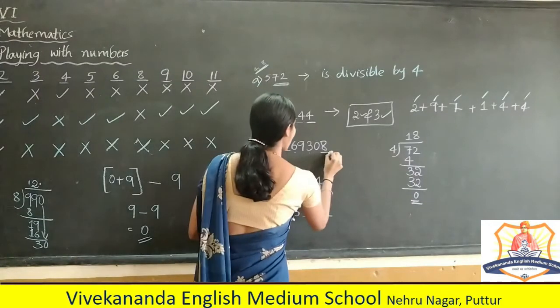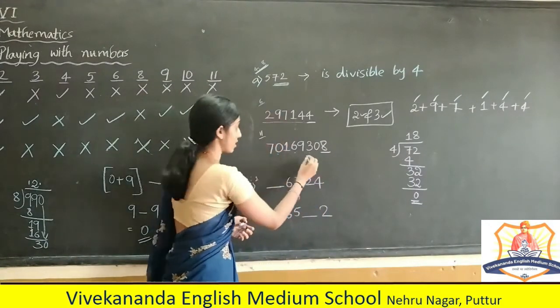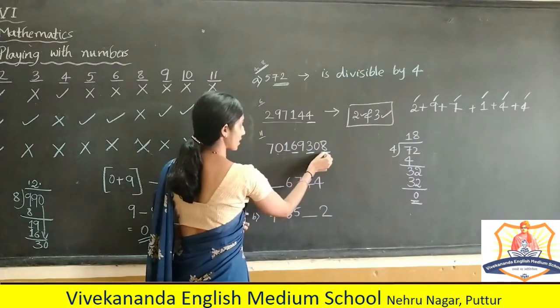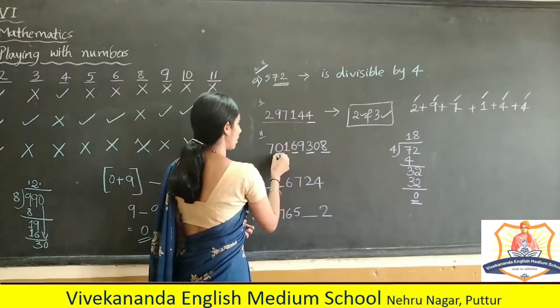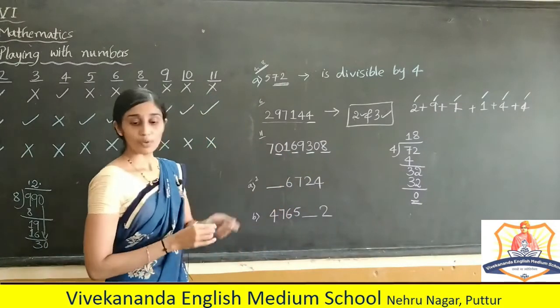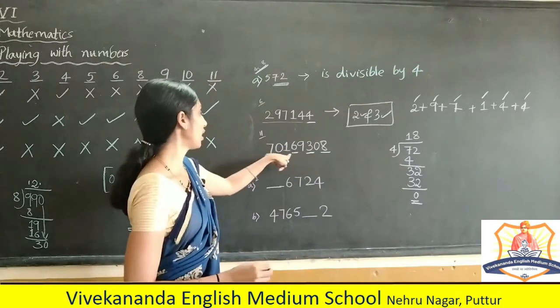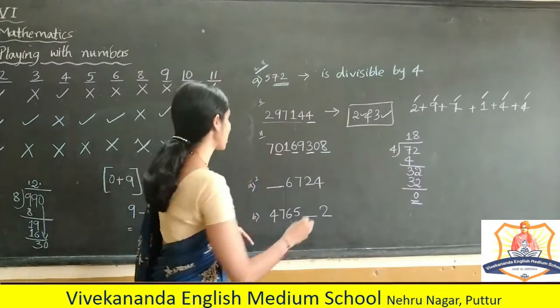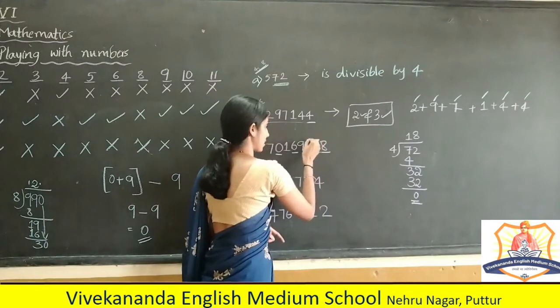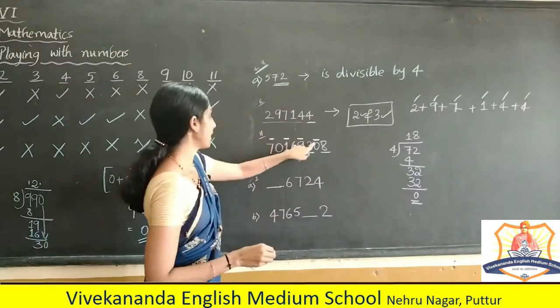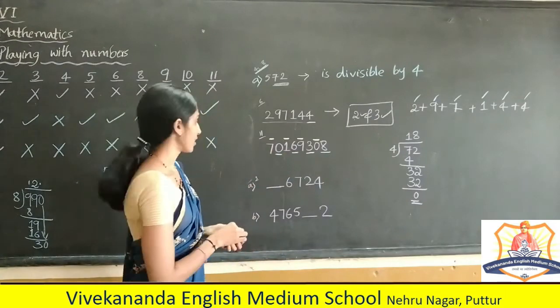First let us mark odd places. Okay children? First let us mark odd places. This is the odd place. So whatever the lines I have marked with the blue color are odd places, and these are the digits in the even places.